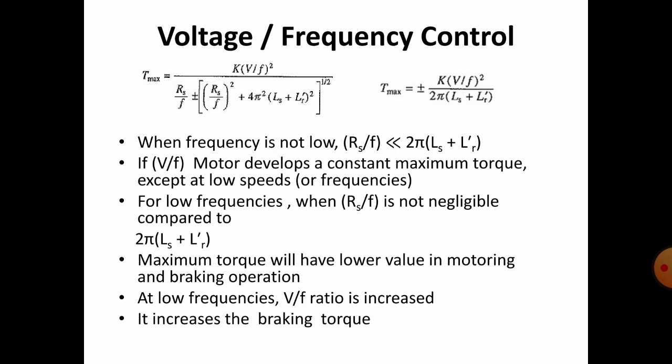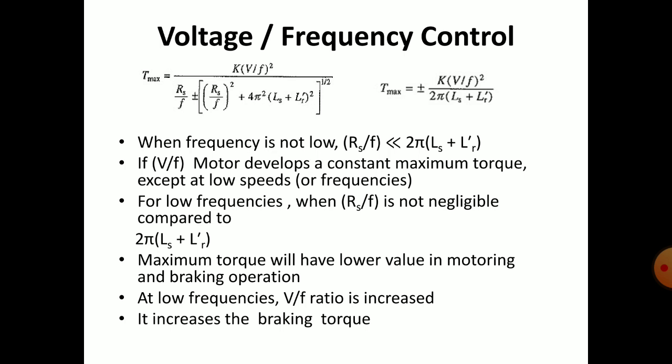When the frequency is high, Rs by F becomes negligible compared to 2 pi into (Ls plus Lr dash). So with a constant V by F ratio, the motor develops a constant maximum torque except at lower speeds or lower frequencies.